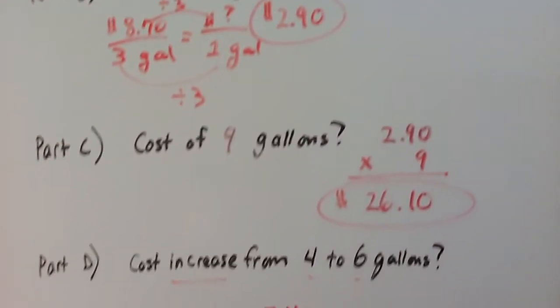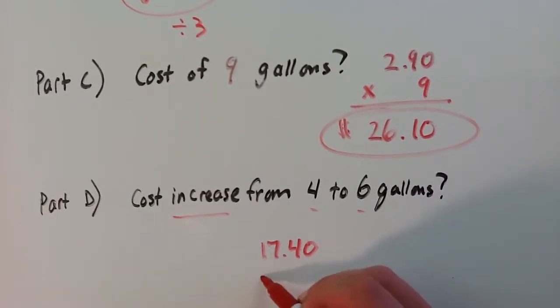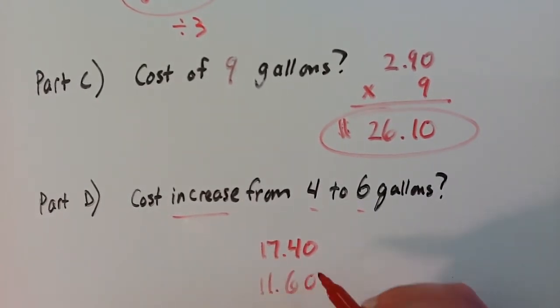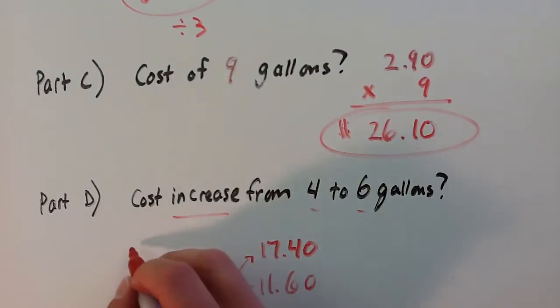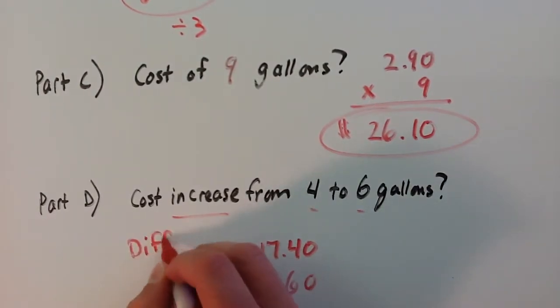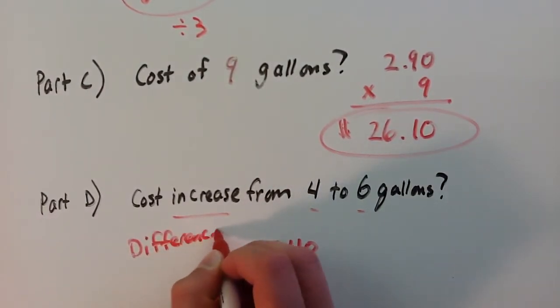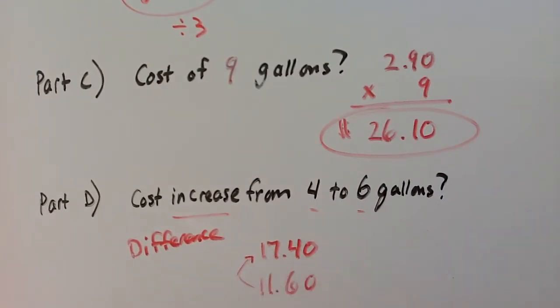All right, and so we want to know, what is the cost increase? If we go from $11.60 to $17.40, how much are we increasing by? This is another way to say, what is the difference? If you say what is the cost increase, that means what is the difference in these two prices.